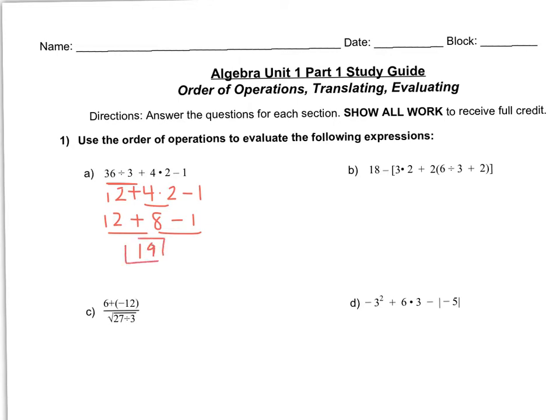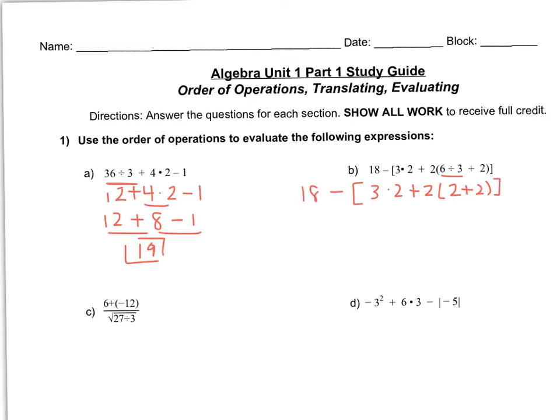Okay? If I go over and I look at letter B, 1B, I see lots of parentheses. So I'm going to do the inside of the parentheses, and inside those parentheses, I'm going to do division first. So 6 divided by 3 is 2. And then if I copy everything else down, these all have brackets.